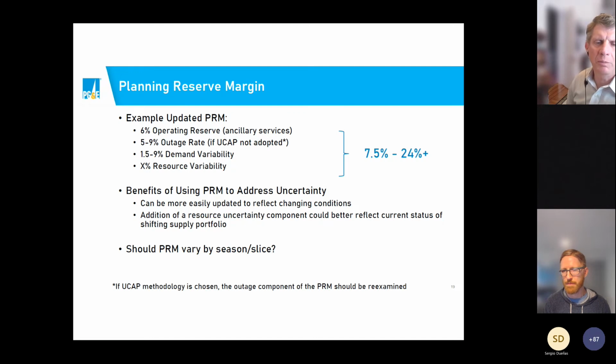Now, that would go hand in hand to a large degree with the counting methodology being used for some of those uncertain resources, namely the wind and the solar. What level of exceedance are you using there?